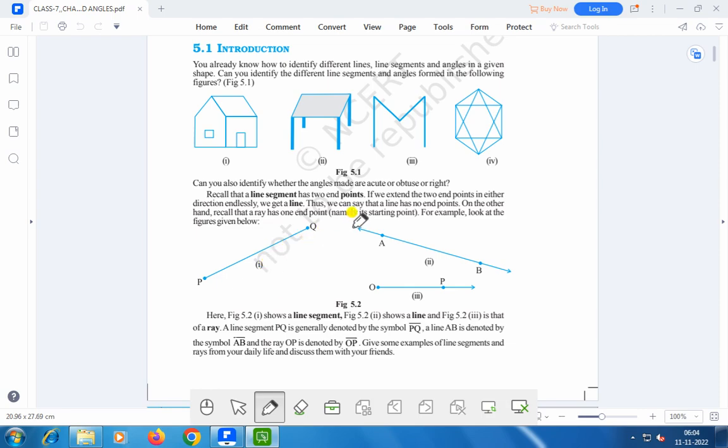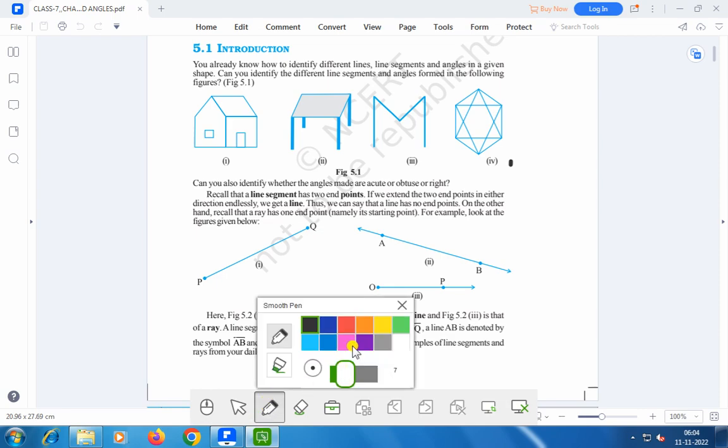Actually there are three definitions. One is line segment.